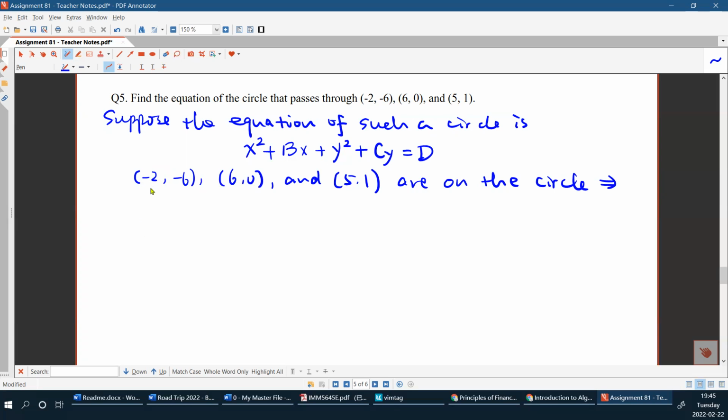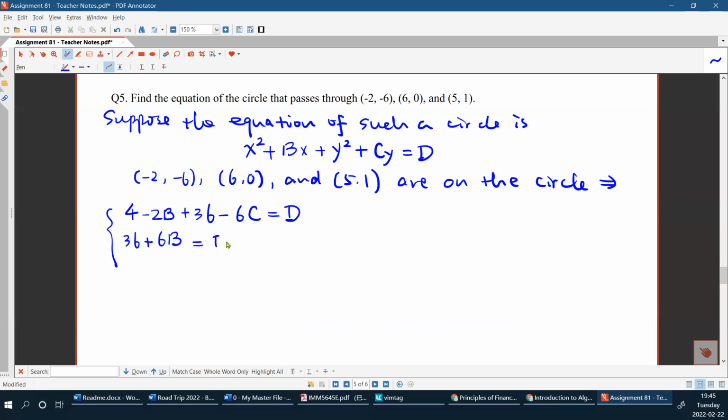First of all, if we plug -2, -6, we have 4, -2b plus 36, -6c equals d, right? And then we also have when x is 6, that means 36 plus 6b, then y is 0.